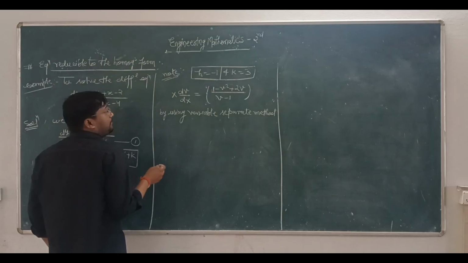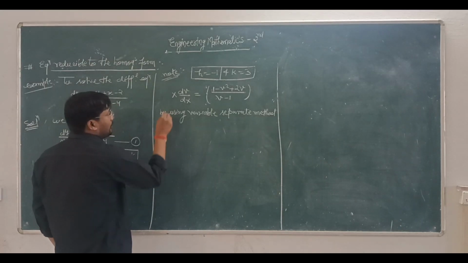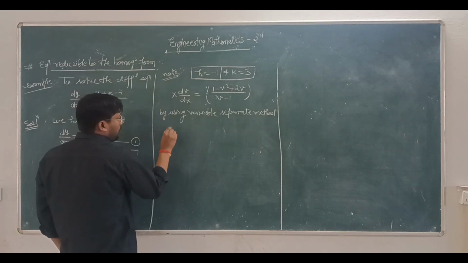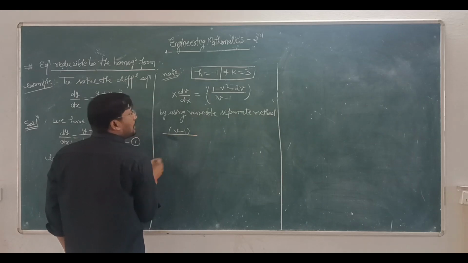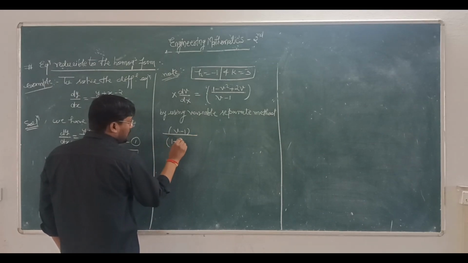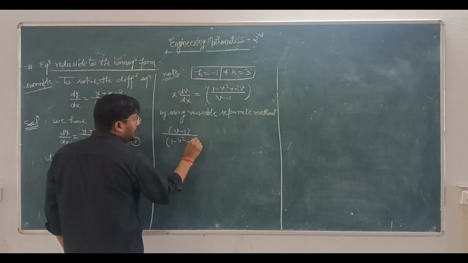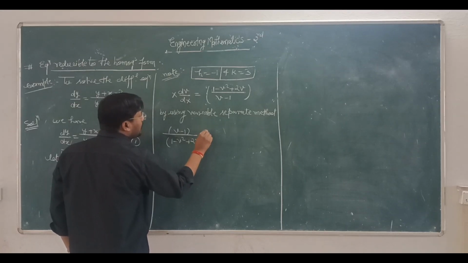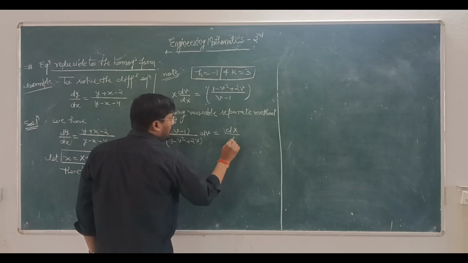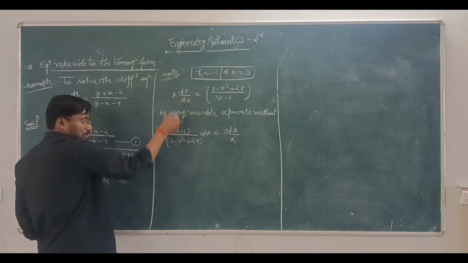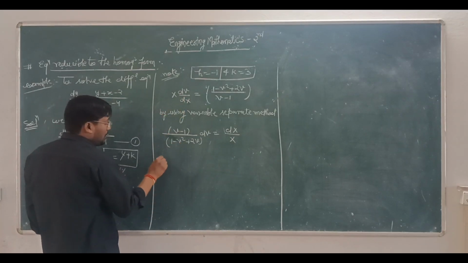Now you can find v minus 1 total upon 1 minus v square plus 2v dv is equal to dX upon X. You can solve this.